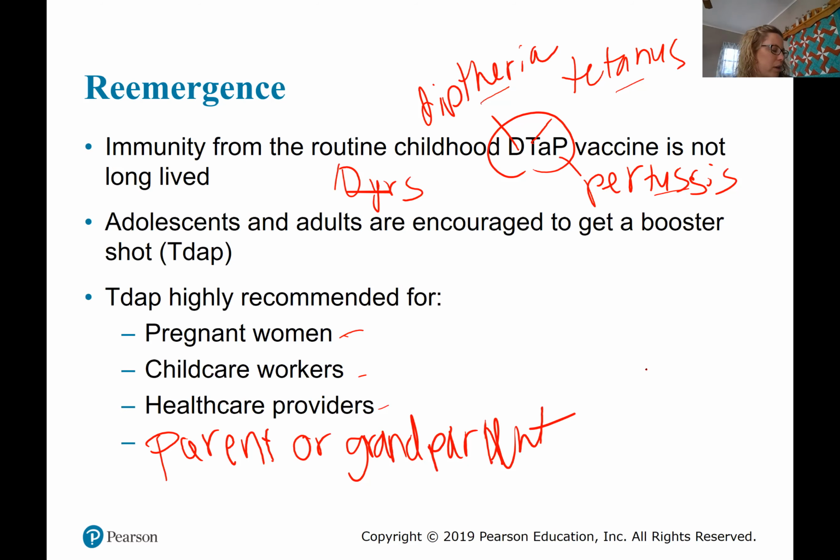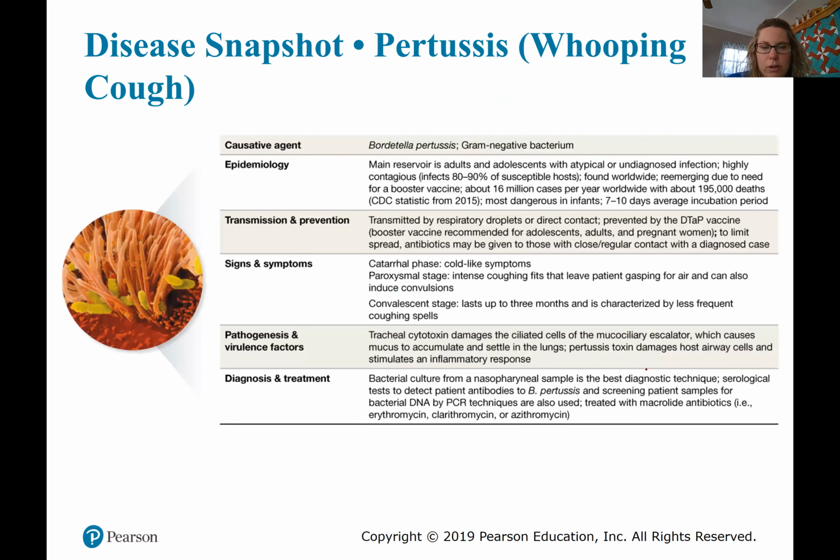Terrible handwriting, I apologize. Okay, so here's a good review of whooping cough. We'll let you look through that.